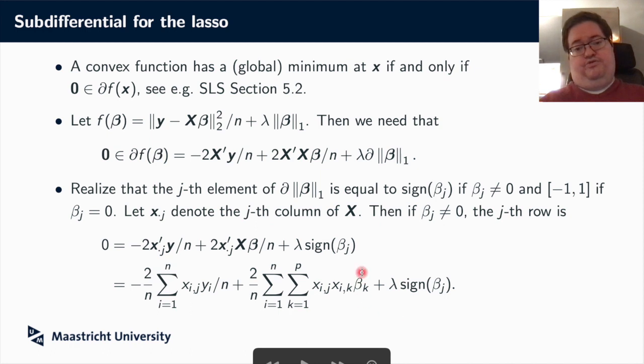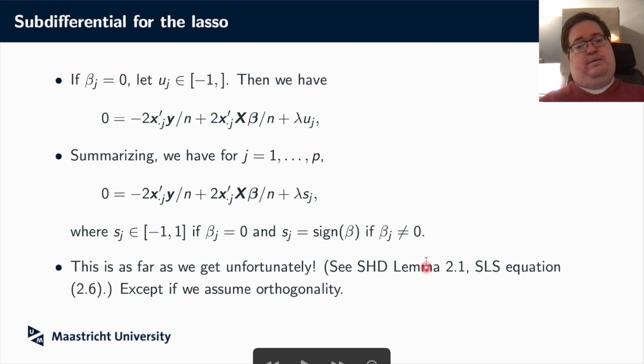Now the problem, of course, is that here this beta factor, in this double sum, depends on all entries of the beta, not just on a single one, which makes it hard to solve this. And of course, we have assumed here that our beta j is not equal to 0. So what happens to rows where beta j is equal to 0?